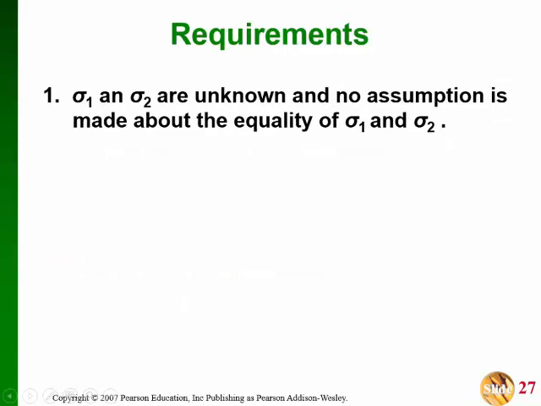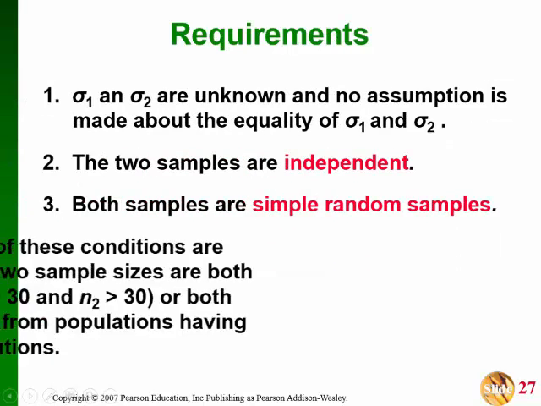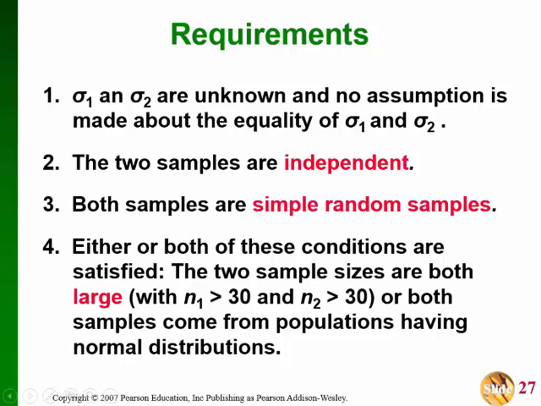All right, we have our standard requirement business. In the last section, they kind of put requirements 2 and 3 together. The samples are independent and are simple random, but here they split it up again. More importantly, we're assuming that sigma 1 and sigma 2, the standard deviations for the two different populations, are unknown.